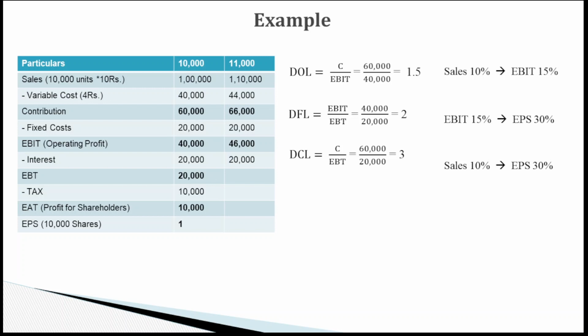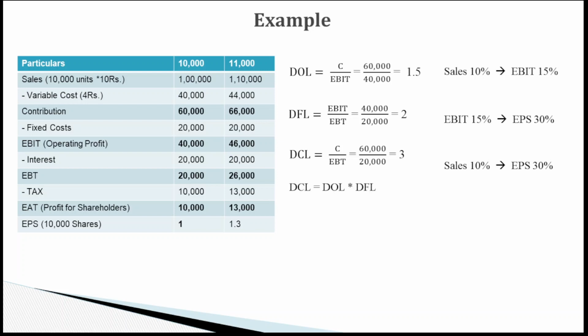The interest is again the same, 20,000, and we'll get EBT of 26,000, tax 50%, 13,000, our EAT is 13,000, and we'll divide it by 10,000 shares and we'll get EPS of 1.3. You can see our EPS has increased by 30%. Earlier it was 1, now 1.3, it means it has increased by 30%.